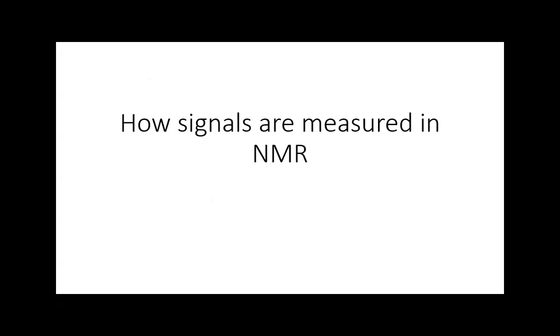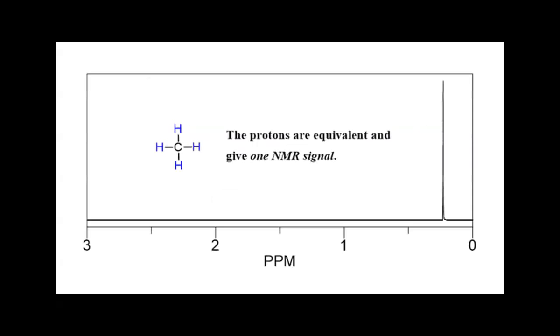Now the question is how signals are measured in NMR, the characterization technique. We can start with an easy one: methane.